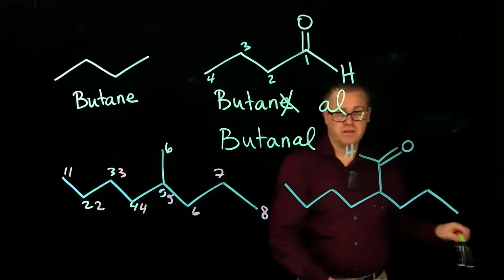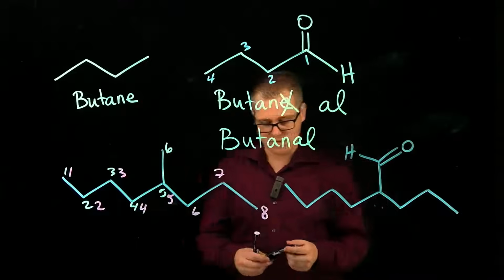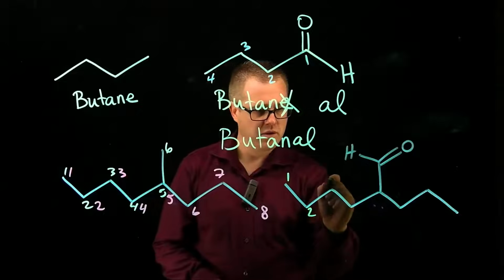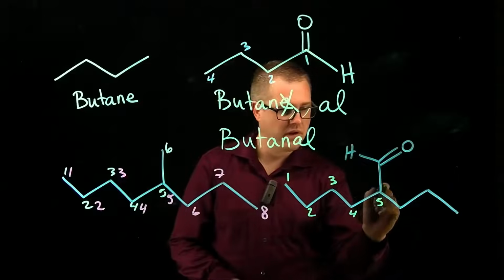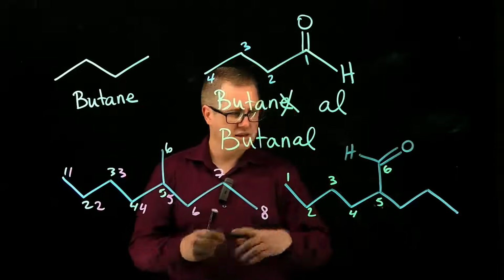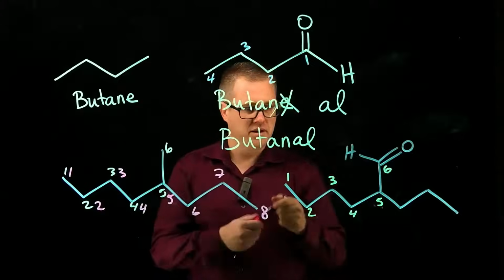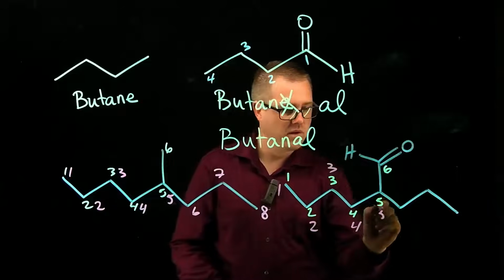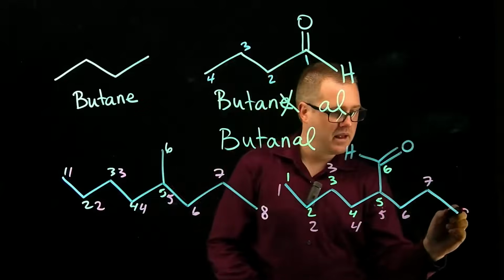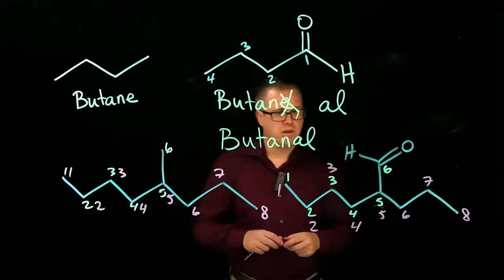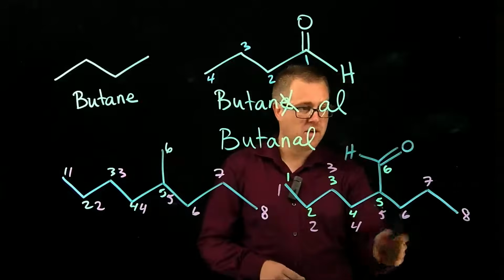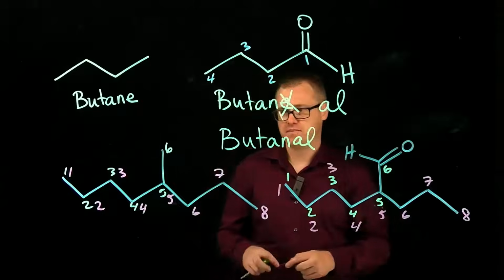Now we need to find the longest parent chain. So we could go 1, 2, 3, 4, 5, 6. That's a chain. But can we find a longer one? 1, 2, 3, 4, 5, 6, 7, 8. So I found a chain that's 8 carbons long, and I found one that is 6.